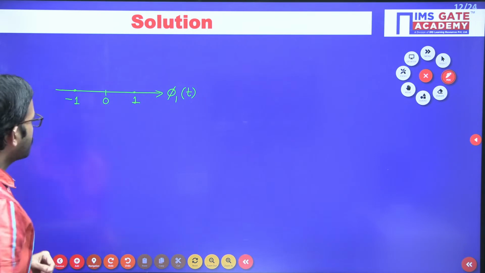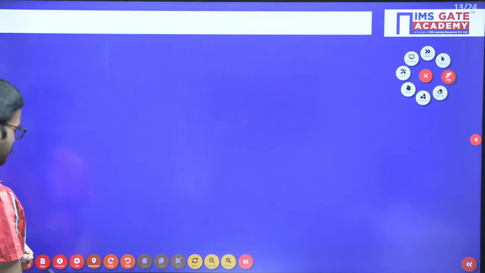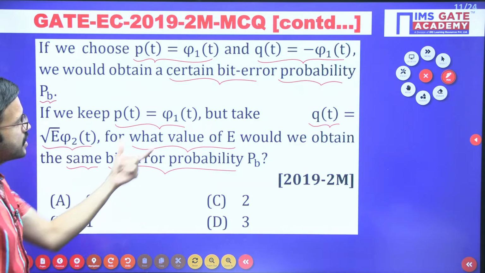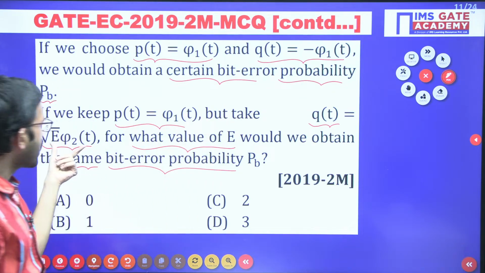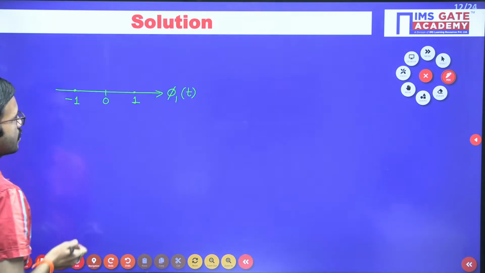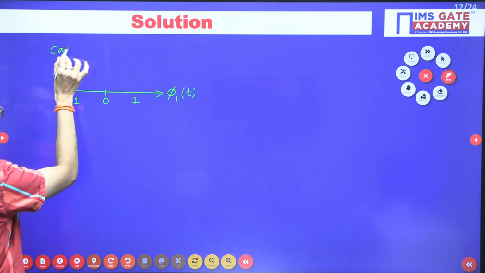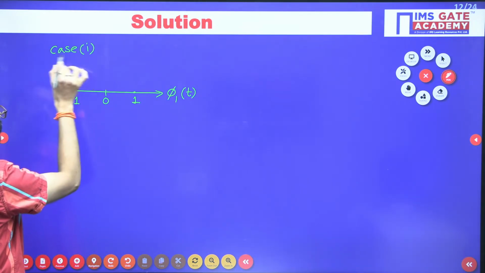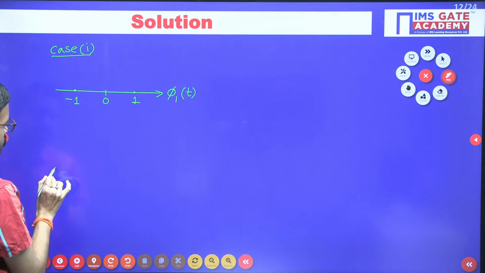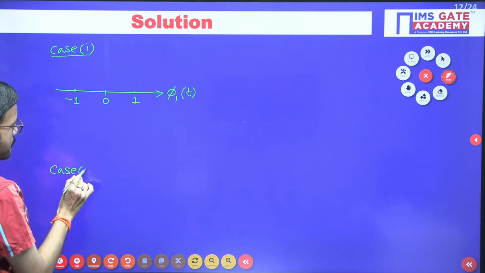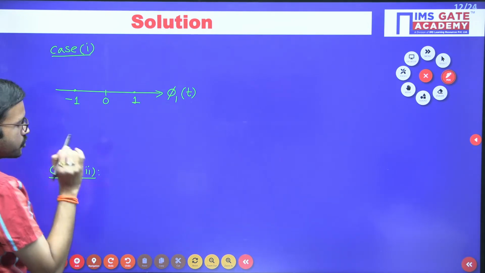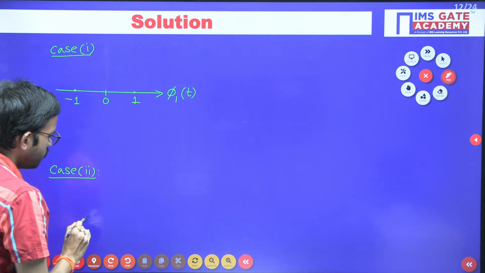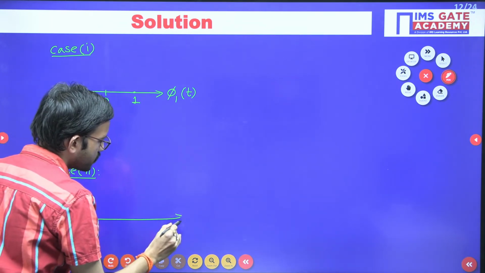Now let us consider the other case. Here you are having phi 1, here you are having phi 2. So this is case 1. Now I am drawing the figure for case 2. Here we have to consider phi 1 of t and phi 2 of t both.